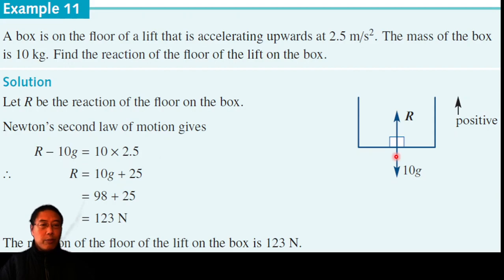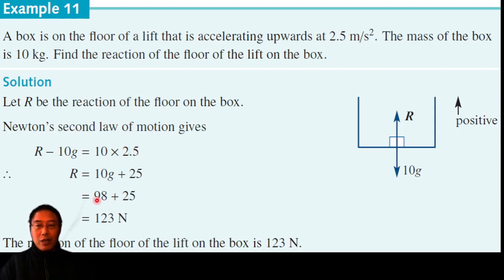Downwards you have the weight of the box, which is negative 10g, and from Newton's second law of motion, that equals the mass times the acceleration, which is positive 2.5.